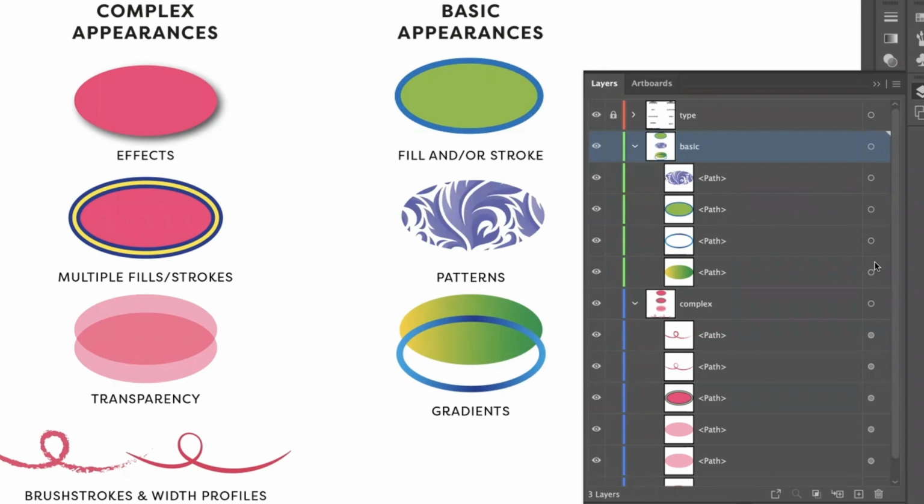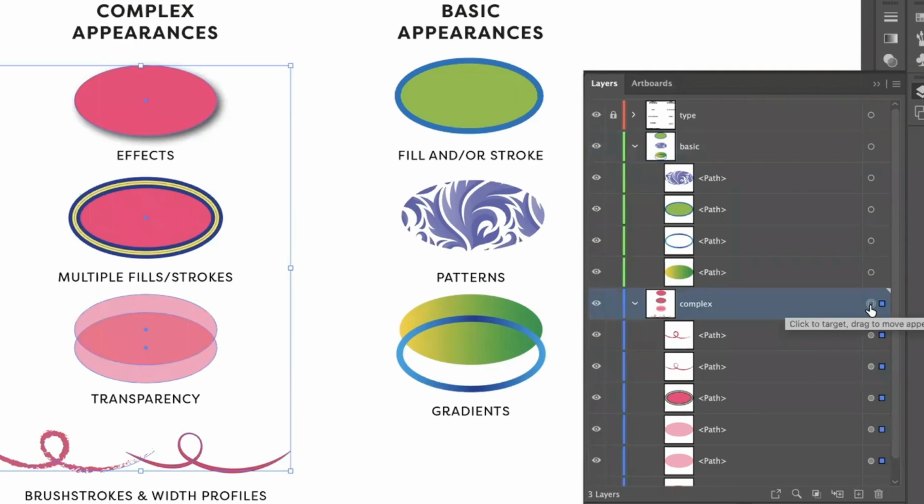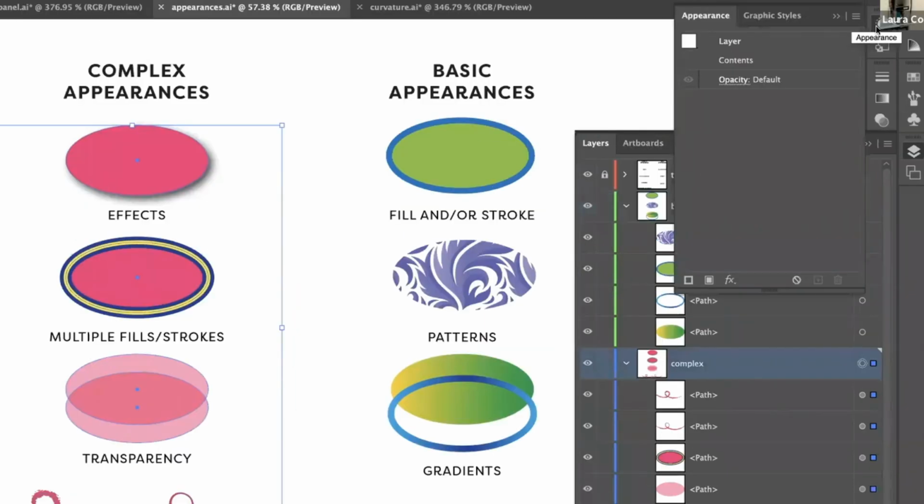And if we were getting into something deeper like group appearances and layer appearances, then it's important to be able to work with these targets. Because, for example, a layer appearance, here's a layer, and we're not going to get into this because it can be really advanced stuff, but being able to affect the appearance of this whole layer is something you have to do by clicking on this target, then going over into the layers panel.